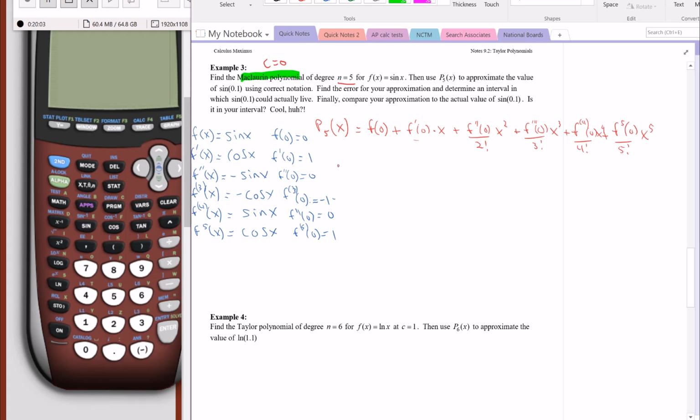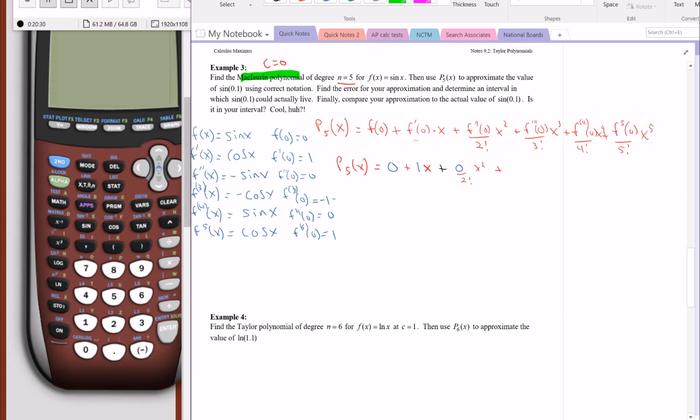So let's plug these numbers in, right? F of 0 was 0 plus f prime of 0 was 1 times x plus f double prime of 0 was 0 over 2 factorial times x squared, but notice 0 is just going to be 0, right? So maybe for the next one I won't write it.